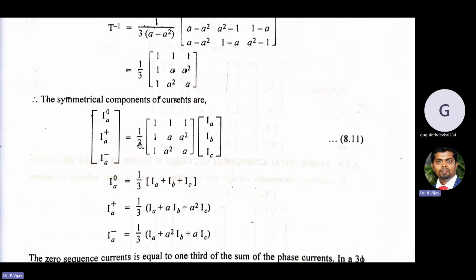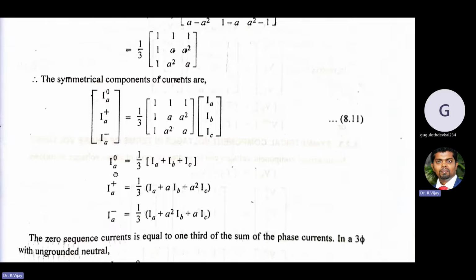Now again, we are taking the zero sequence, positive sequence and negative sequence separately and writing them. Just multiply it, and you will get IA naught is equal to 1 divided by 3 into IA plus IB plus IC. Next, IA positive is equal to 1 by 3 into IA plus A into IB plus A squared IC.